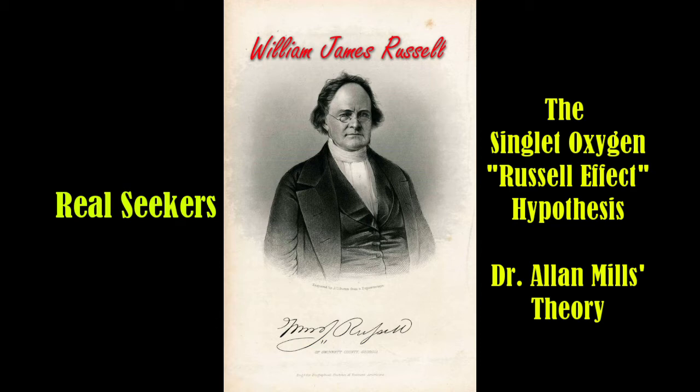So let's have Dr. Allan Mills explain it in his own words, as the expert Shroud skeptic in this case. He says, quote, "It has been shown that some species of bacteria can evolve traces of hydrogen peroxide, and when coupled with singlet oxygen molecules, can give rise to a Russell image. These species of catalase-deficient organisms include members of the normal skin biota.